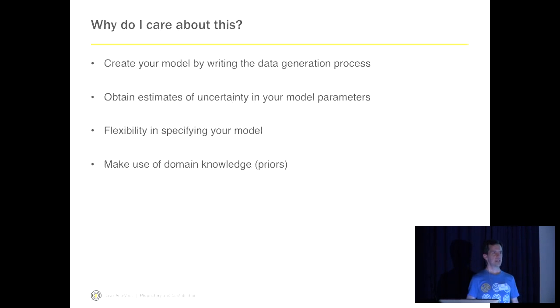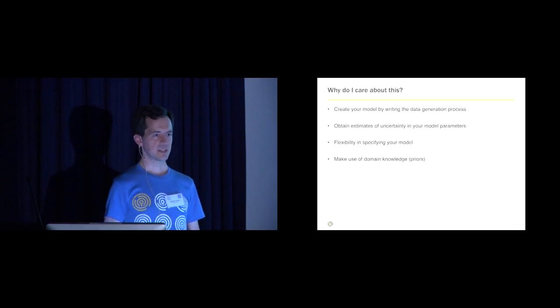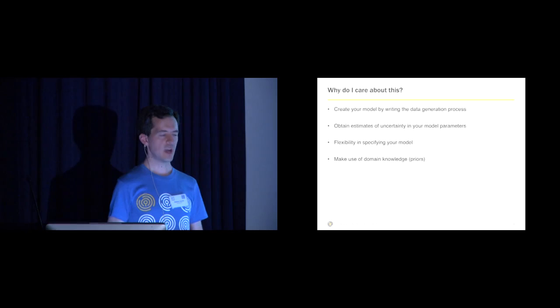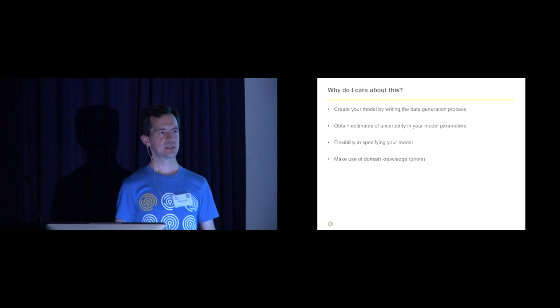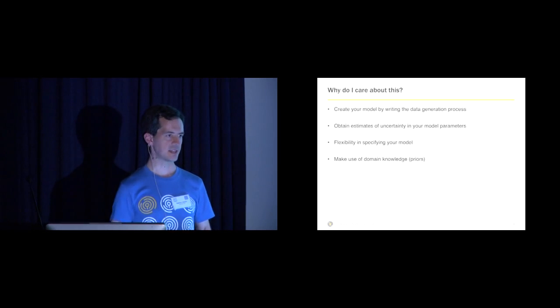Why would you be interested in taking this modeling approach versus fitting your model with something in scikit-learn, for example? I think there's a lot of reasons why you might be interested in using something like Stan. The really cool thing, in my opinion, about working this way is that you're writing down the data generation process. You're writing down what you know about where your data came from, and that is your model. And the software is going to solve for the parameters in that model.